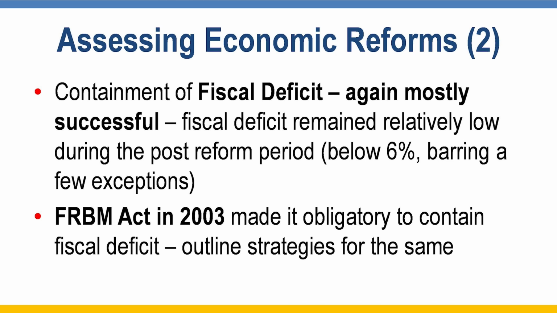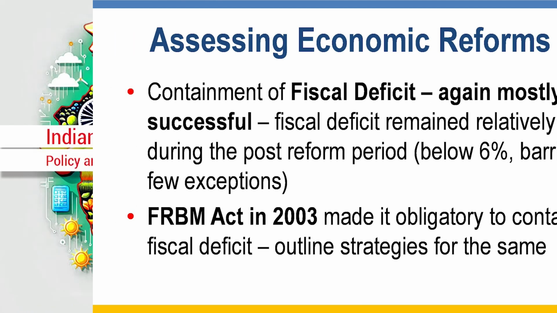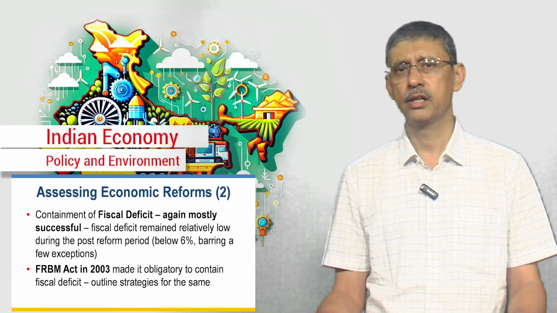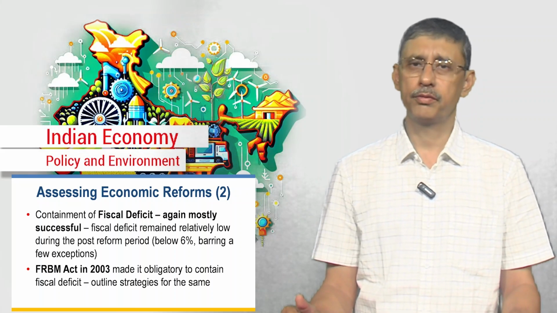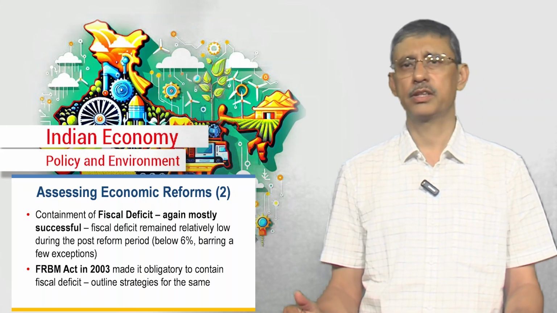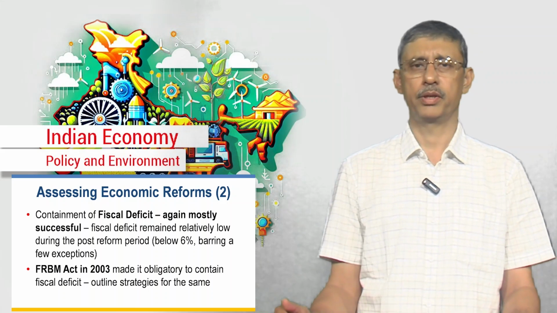And again, we can say that it is mostly successful in the sense that fiscal deficit remained relatively low during the post-reform period, that is below 6%, barring a few exceptions, for instance during the period of COVID, compared to the 8%, 9% fiscal deficit which we used to have earlier. So therefore, yes, in terms of fiscal deficit, we have mostly been successful during the reform period.